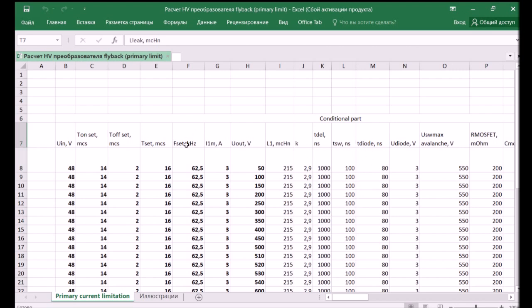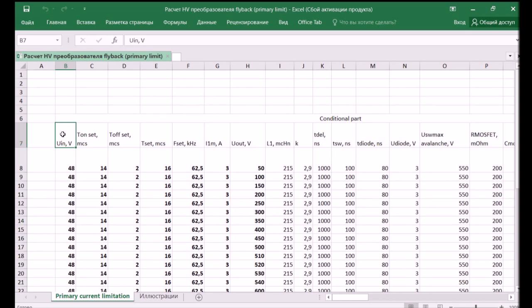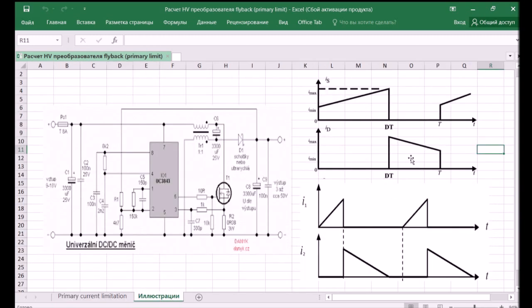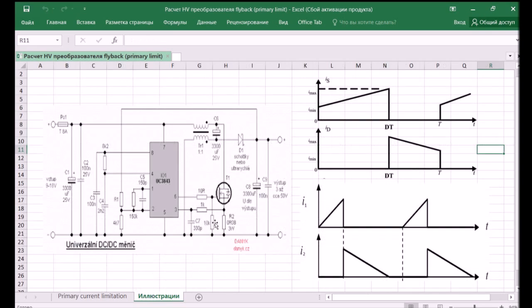Okay. What we have now. Here are the input parameters of this model. It's input voltage, on time, off time. Summary time, it's a period. Frequency, it's inverse period. Maximum current set in the primary chain.